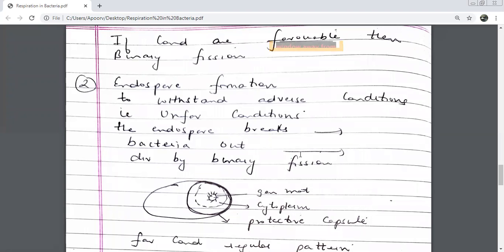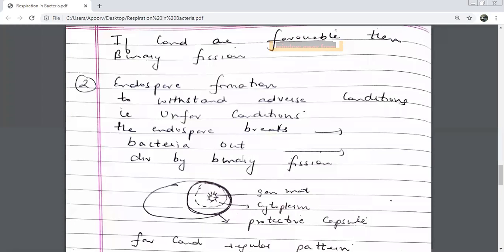That means if conditions are unfavorable, then bacteria will not directly go for binary fission. First there will be another step, and that other step is what we call endospore formation. When conditions become suitable, the endospore will break, the bacteria will come out, and then it will start dividing by binary fission. So binary fission will happen later, but not directly.